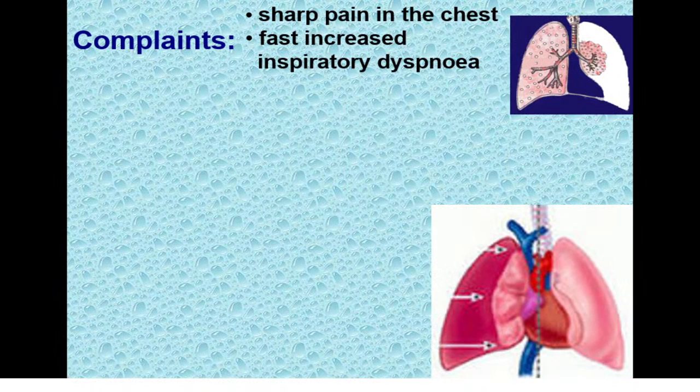Complaints of the patient. If you remember, pneumothorax is possible only due to rupture of pleura, which is very rich with painful nerve endings. As a result, the patient feels severe, sharp pain in the chest. And then fast increased inspiratory dyspnea, in contrast to hydrothorax, in which there is only discomfort and continuous, gradually increased dyspnea.